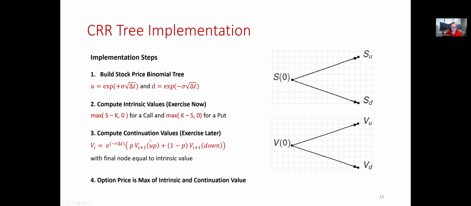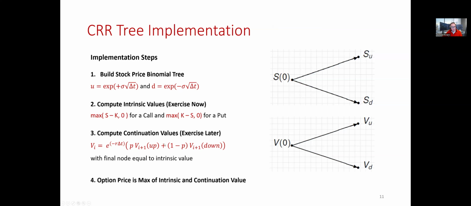That's just time value of money. We look at those values in the future and bring them back to today's node, and that's where the discount factor comes from. The final node in that continuation tree is just the intrinsic value, the payoff at expiry, because there's no time value.